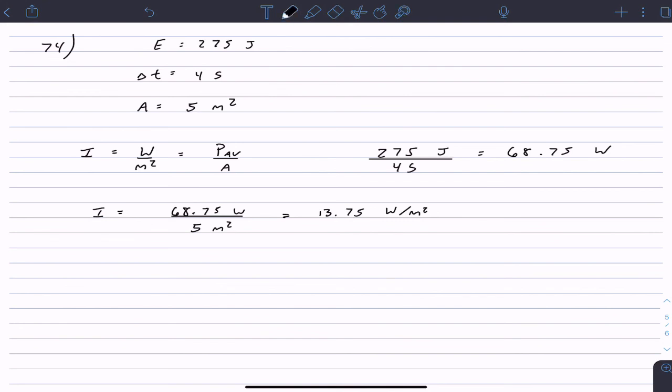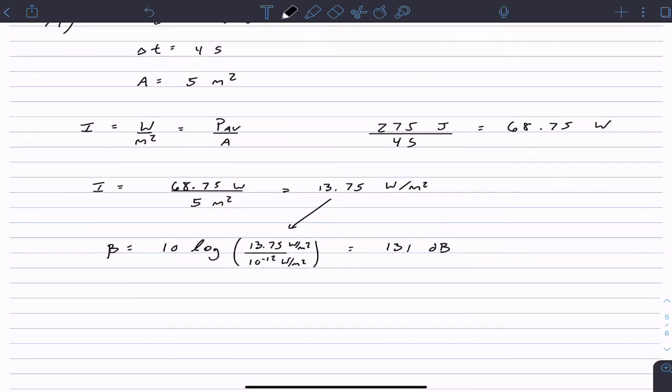And then we're also told we want to know what is the sound level at this location. We know the intensity, it's this. And remember from the last problem that we had a relationship that looks something like this. So we just plug this in here, and we end up with 131 decibels. That's the sound level.